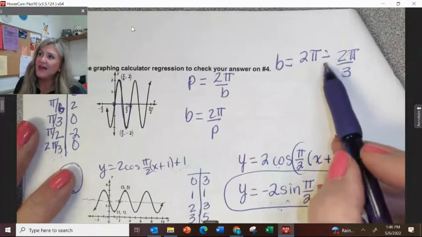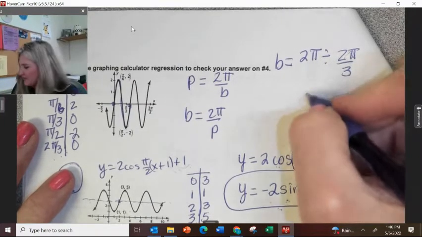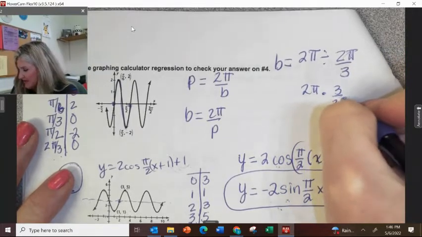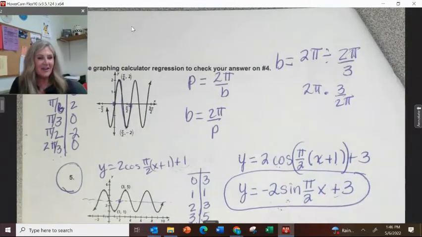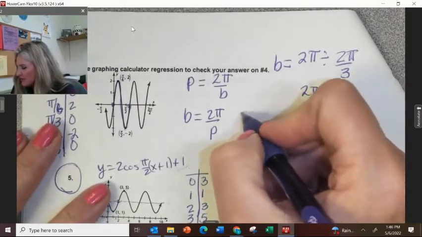How do I divide that? What do I do? Keep, change, flip. So I'm going to keep it, change it, and flip it. So what is our b value going to be? 3. Okay.